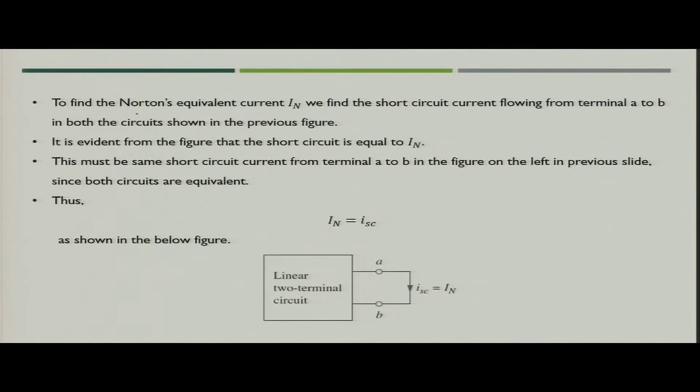Now, how will we find the Norton's equivalent current? We find it by carrying out a short circuit test on the given network. If this is a two terminal linear circuit, we short circuit these two terminals and measure the short circuit current. This short circuit current is the Norton's current. How?